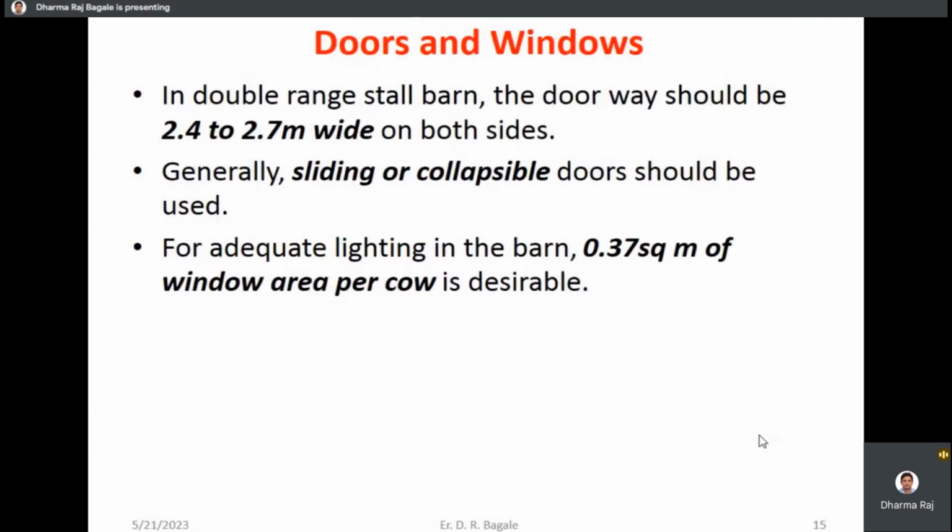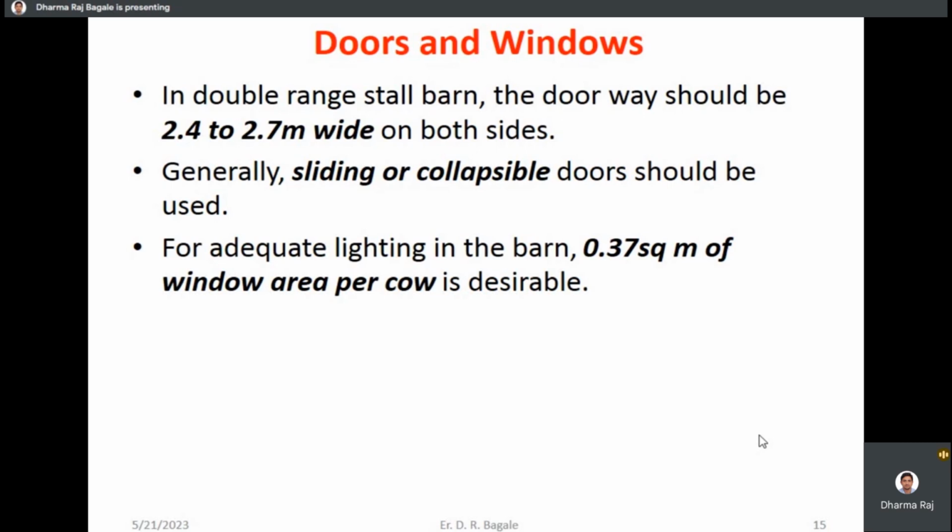In case of door and window for a double row stall dairy barn, the door should be 2.4 to 2.7 meters wide on both sides. On the sides you can build these doors, and generally a sliding or collapsible door. Collapsible door means this channel section door, channel gate or sliding door will be preferred here.